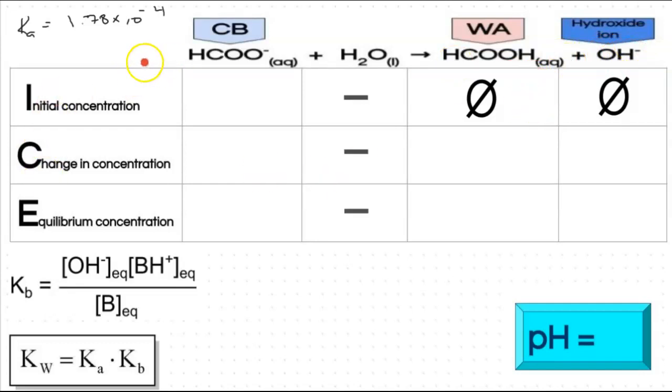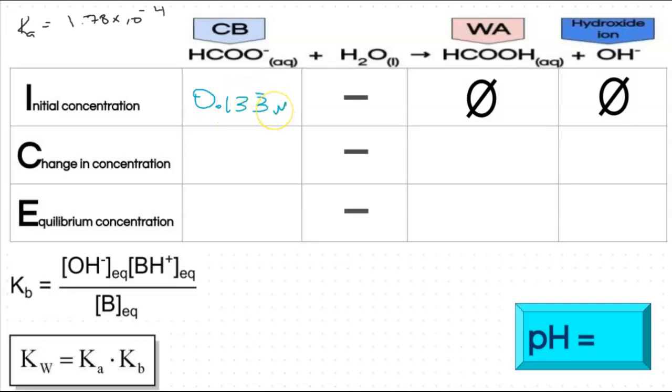So now that we have our new dissociation for the conjugate base, what we need to do is calculate the pH. This is going to be another ICE chart, because I have 0 weak acid when I start and I don't have any hydroxide. The concentration of the weak base from the previous slide is 0.133 repeating.